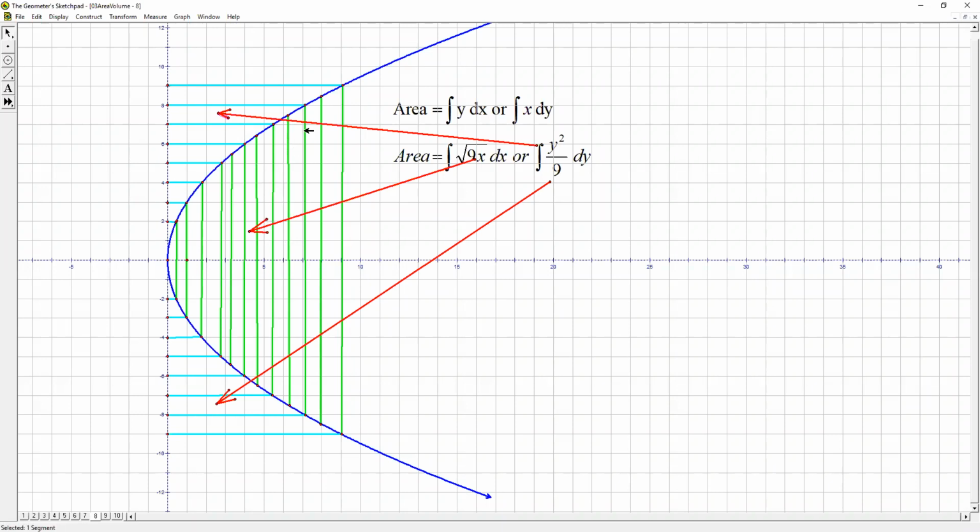If you want to find this area between the curve and the x-axis, you are only finding half the area. The x-axis is until here. You are finding half of the area only. The other half there, you cannot find.